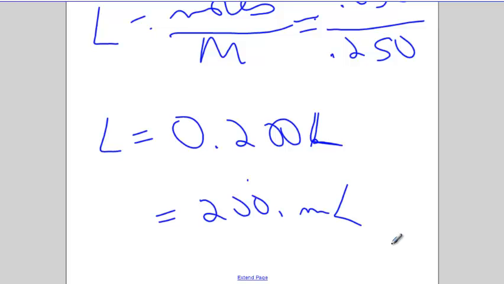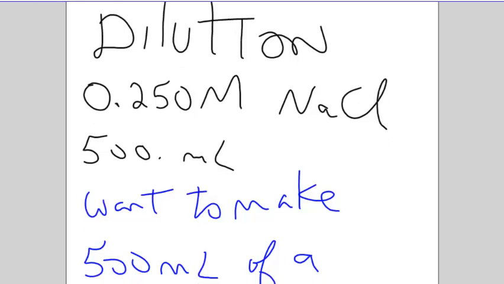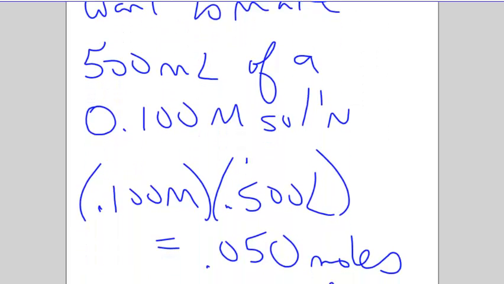So procedurally, what I would do is pour 200 milliliters out of this 500 into a new volumetric, and then dilute up to 500 mils with water, and now I have diluted my solution.